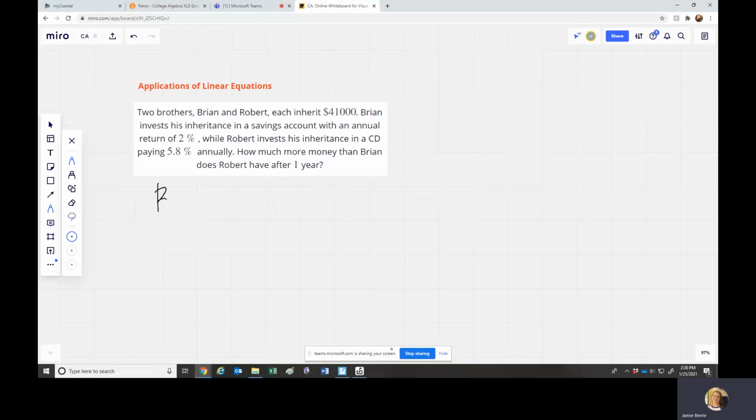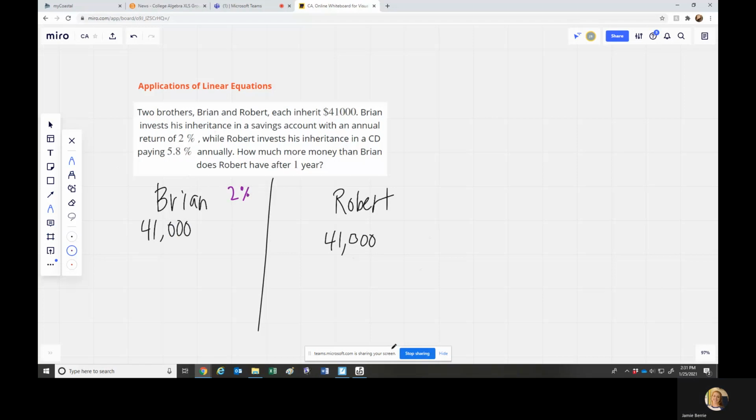All right, so we have Brian and Robert. This one is actually a lot easier than I thought it was going to be. So Brian has $41,000 and Robert also has $41,000. Brian is investing his money in a savings account and he's making 2% interest, or a 2% return.